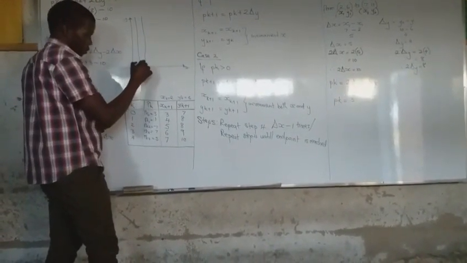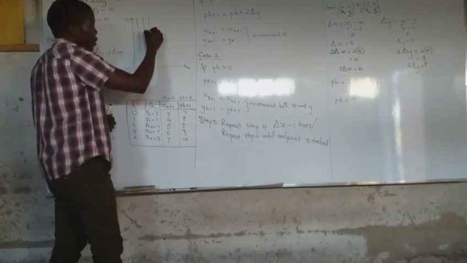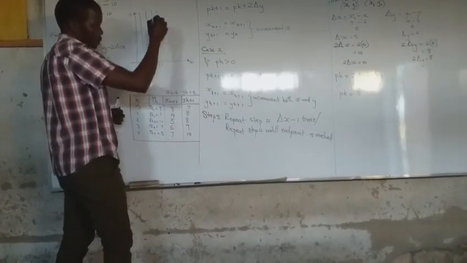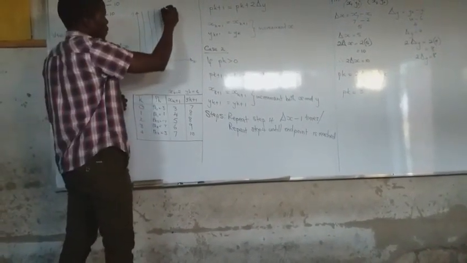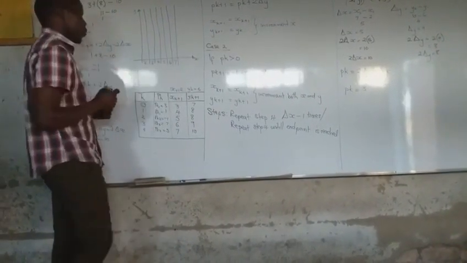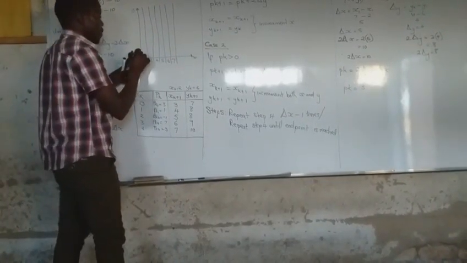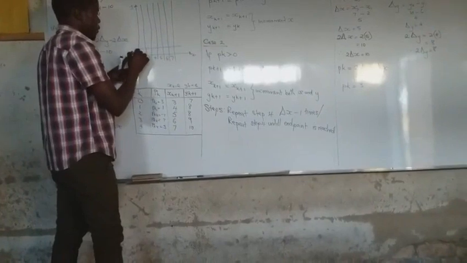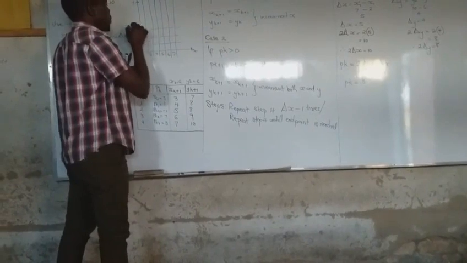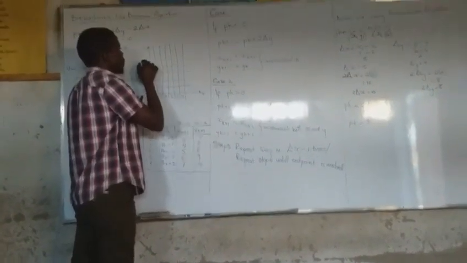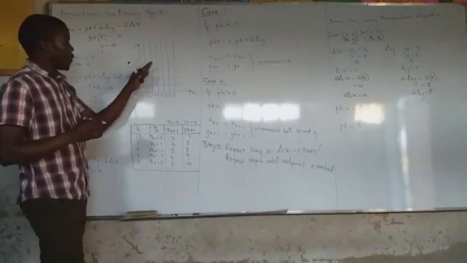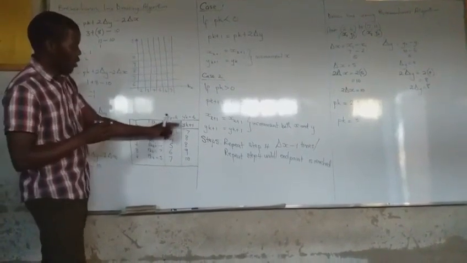This is our 2, our 3, our 4, 5, 6, 7, our endpoint. For y, our 6, 7, 8, 9, 10.